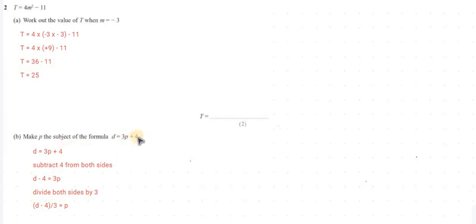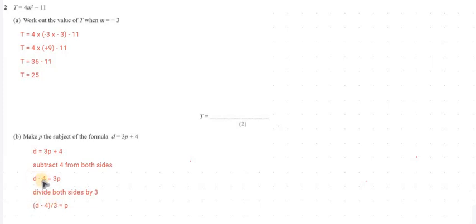Some people prefer to just carry it over and then change the sign as it crosses over the equality sign. That's also fair. So d minus 4 is equal to 3p. And then you divide both sides by 3. On the right, 3p divided by 3 would just be p. And on the left, you divide the whole thing.